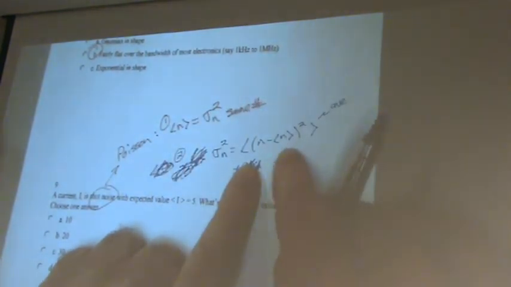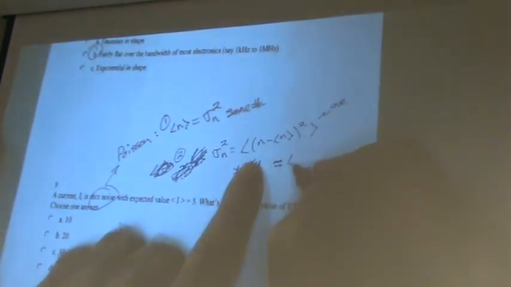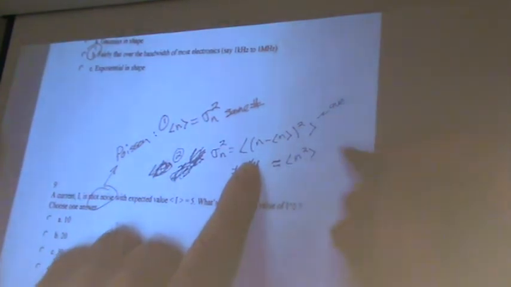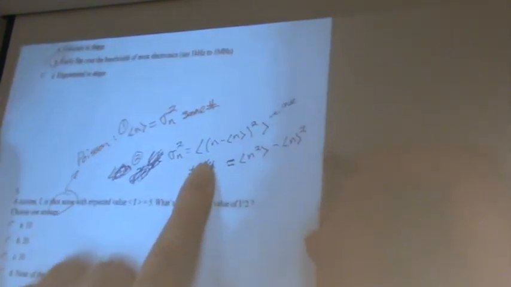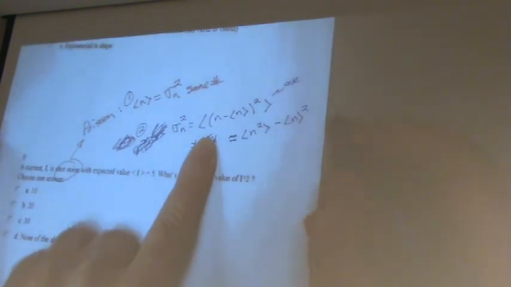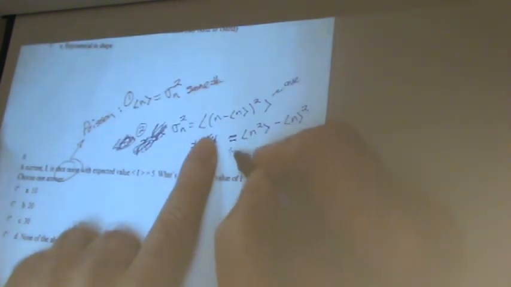We factored all that out, simplified it down, and we got that this is equal to what's called the second moment, the average value of thingy squared, minus the square of the average value of the thing. Okay, always true.